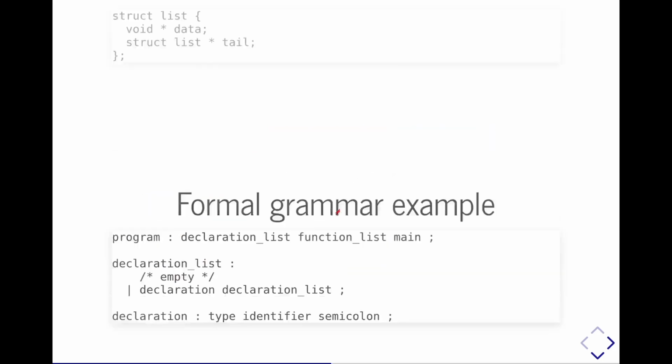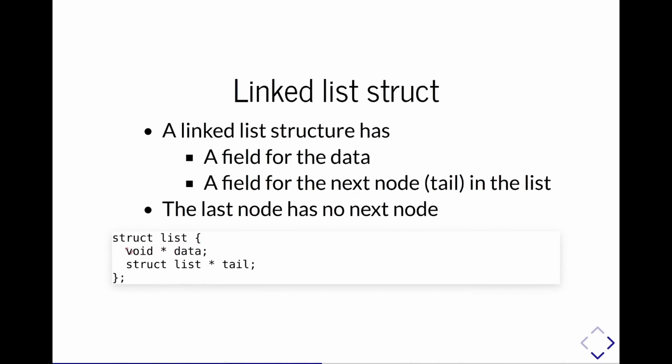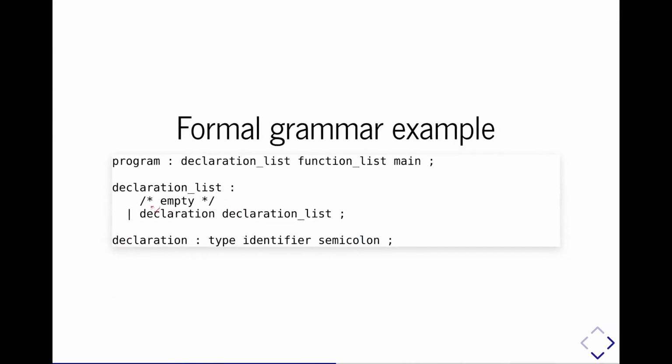Just like the linked list, where we've got some data in our node, and the node must be followed by another linked list node, we use the same kind of self-referential definition here in our grammar to say a declaration list can be a declaration followed by some other declaration list.